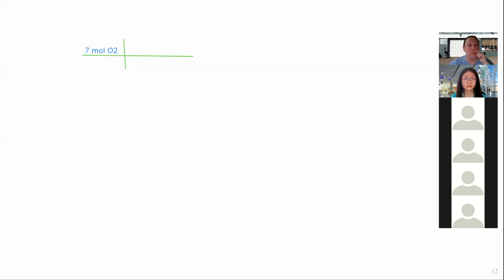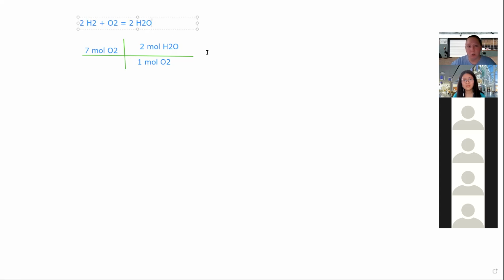Okay. So in our chemical equation, for every 1 mole of O2, we can make 2 moles of H2O. This is based on our chemical equation that 2 H2 plus O2 equals 2 H2O.